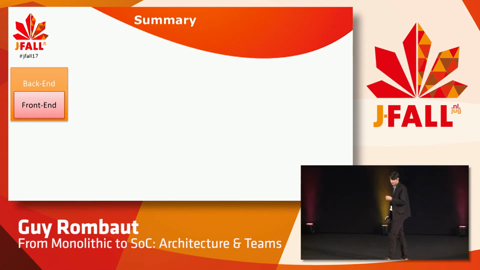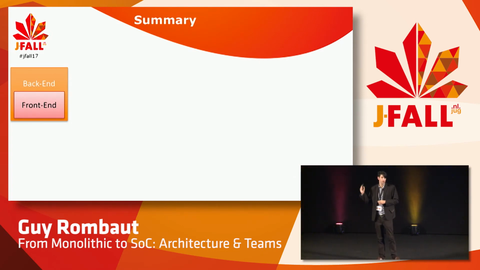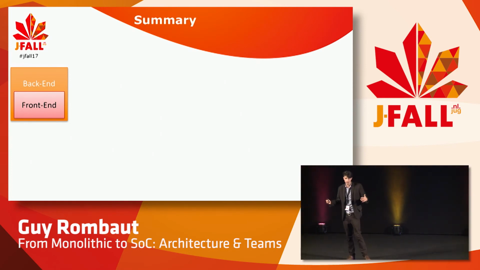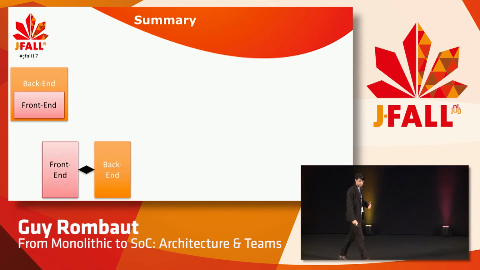Now, in conclusion, we started from the monolith, where the backend contained the frontend, which may be easy to write, but on a big project, it creates a lot of mess. The moment you have big teams, it just cannot work.